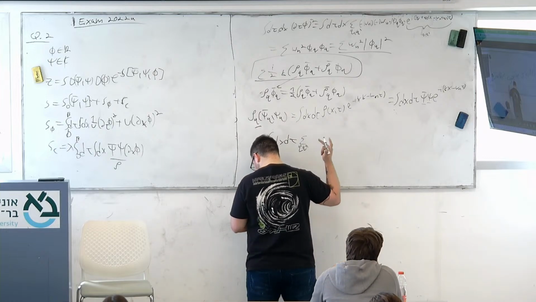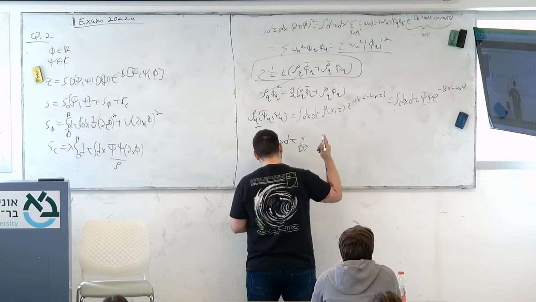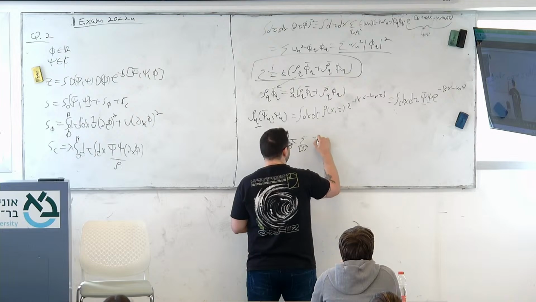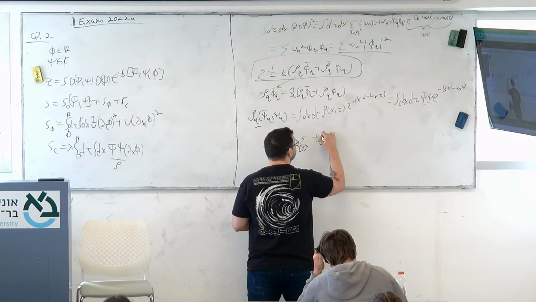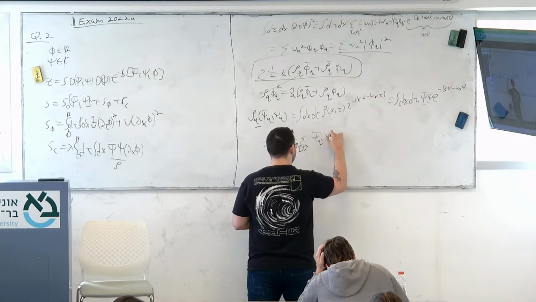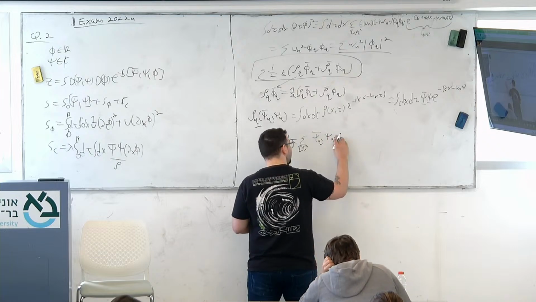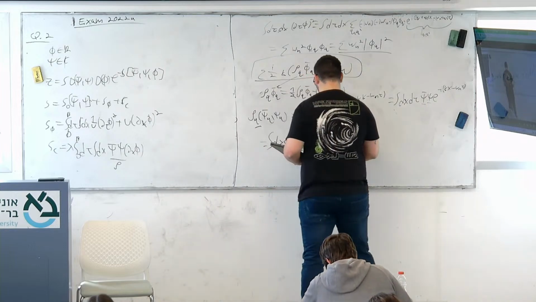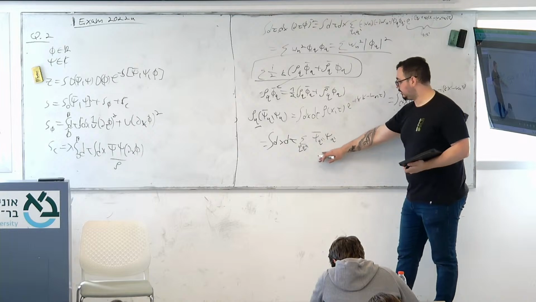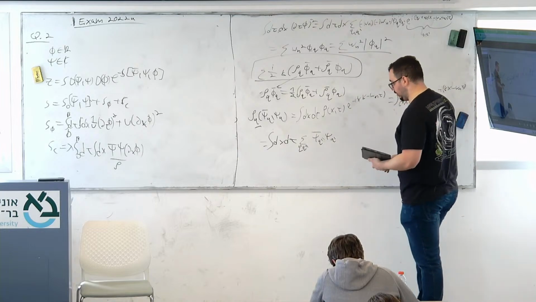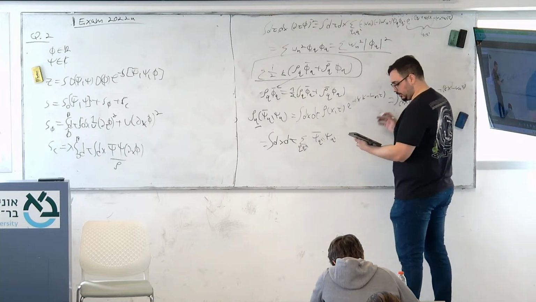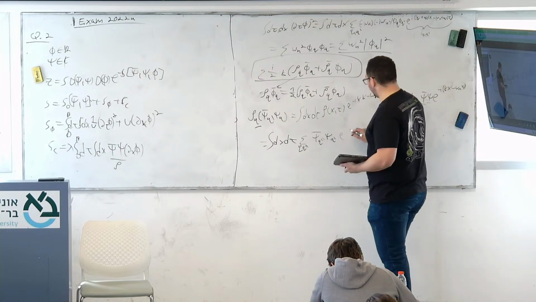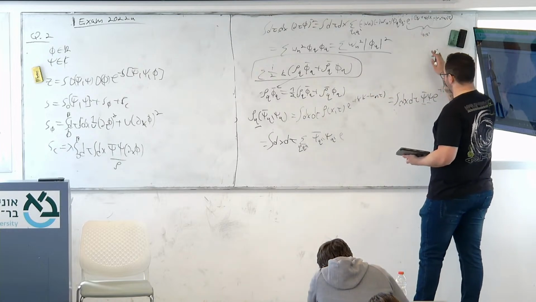Q tag, q double tag, psi q tag conjugate, psi q tag. In my note, I wrote the two tags on the conjugate just so it will be nicer. Again, it's arbitrary which one I call q, which one I call tag, which one I call two tags. And then just sum up all the exponents.